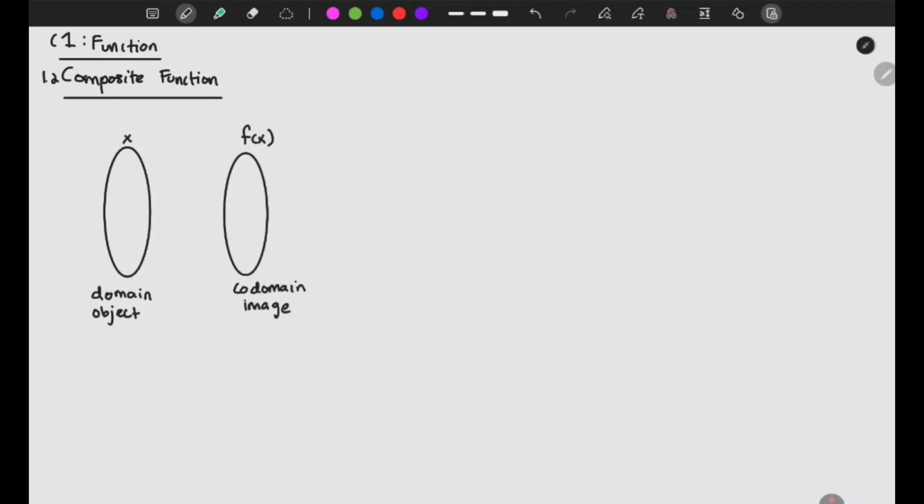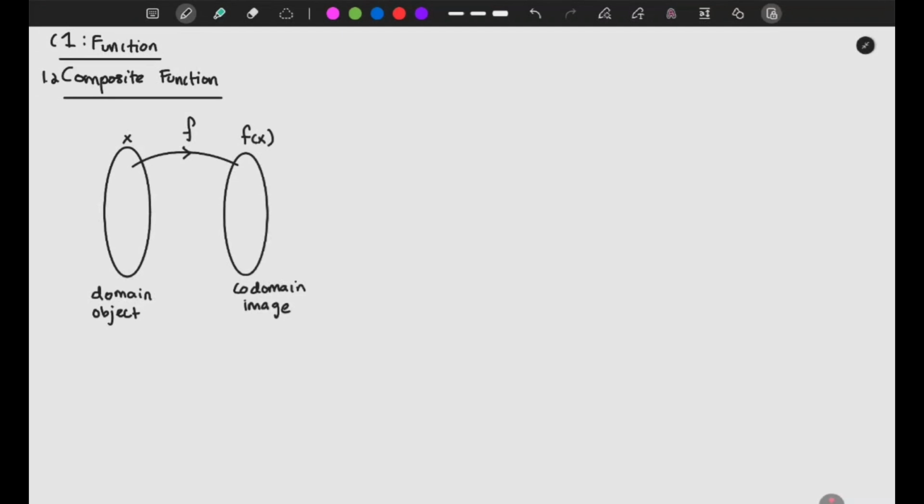And to link this object and image, we have something called a function, which is the f. Sometimes we use f if gx, g, hx, h, mx, m, px, p. So mostly we use fx, so I use fx, which is the f.